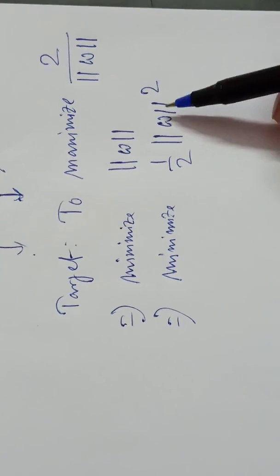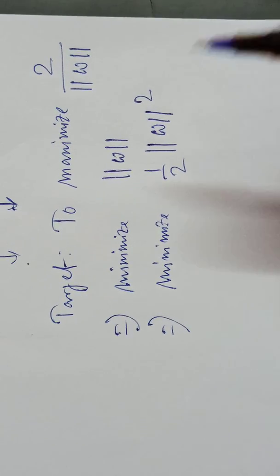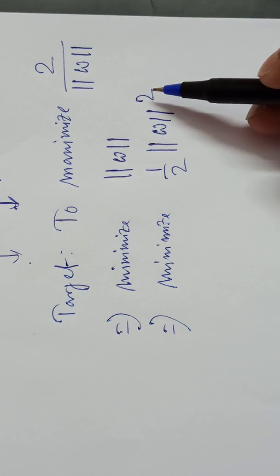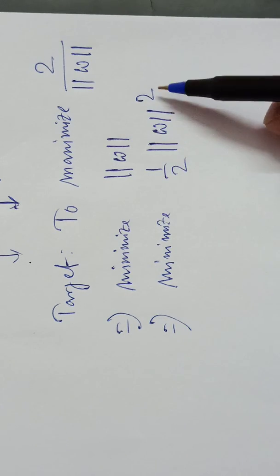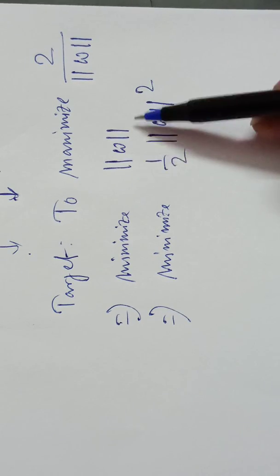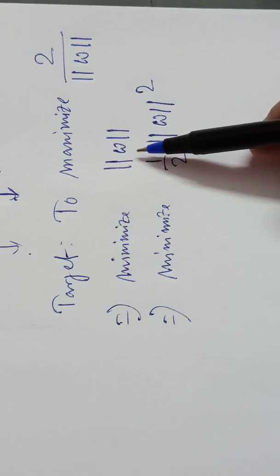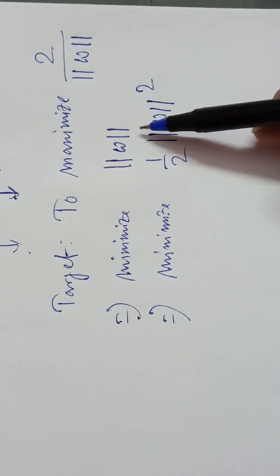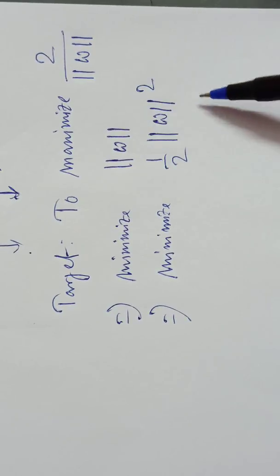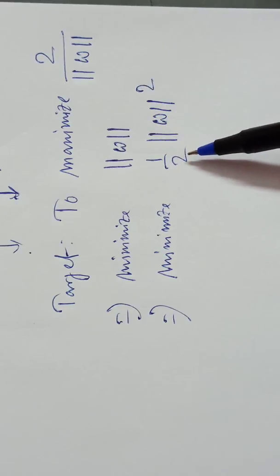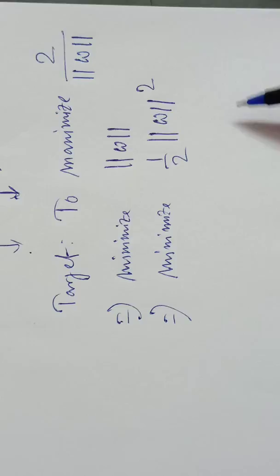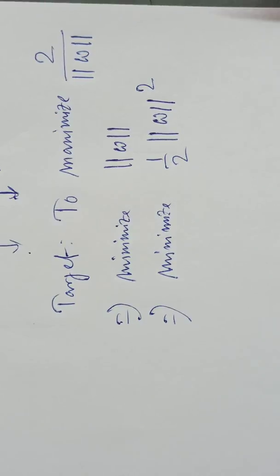Now you can ask the question, is it only for mathematical convention that we are choosing these values? No. This w is a linear function. Now if we apply it, it may have more than one optimum value. Whenever we apply the square here, a parabolic function, we can expect that there is only one global minima or global optima.